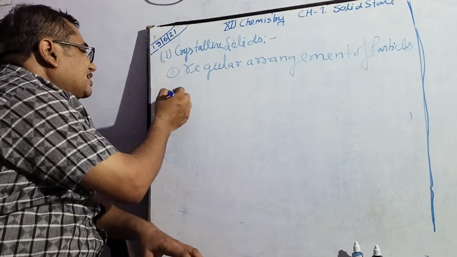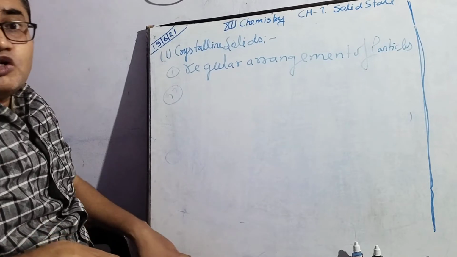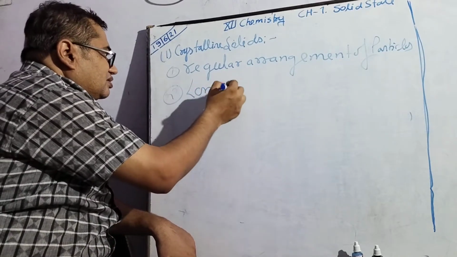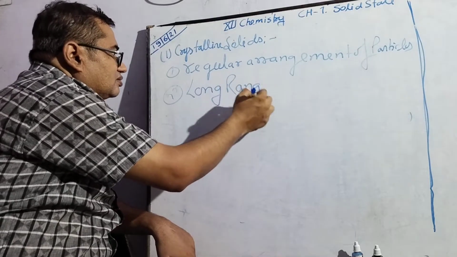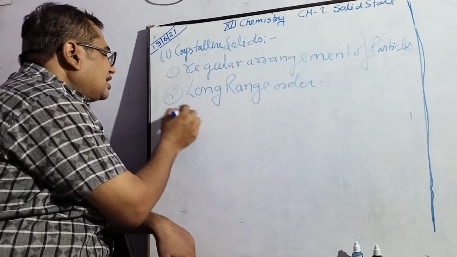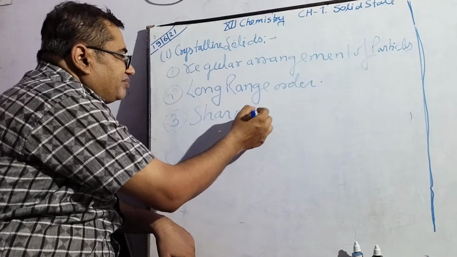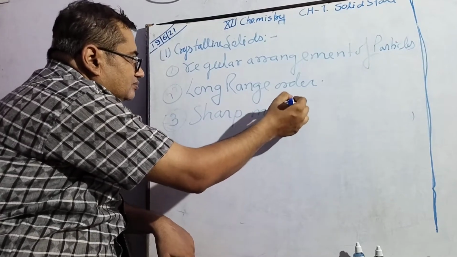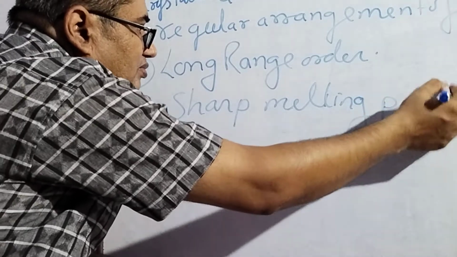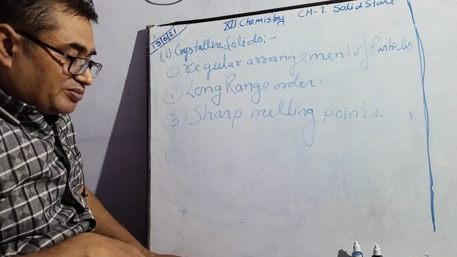Crystalline solids have a long range order. They have sharp melting points. You can take a snap, so this is very important.